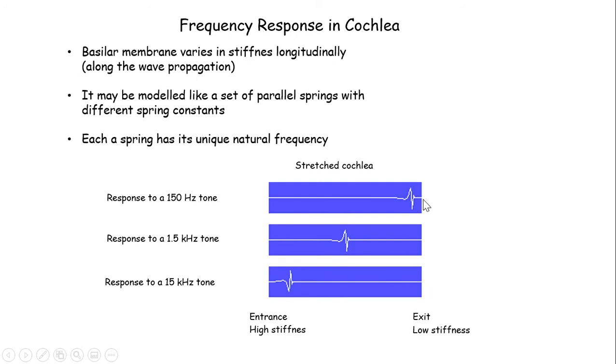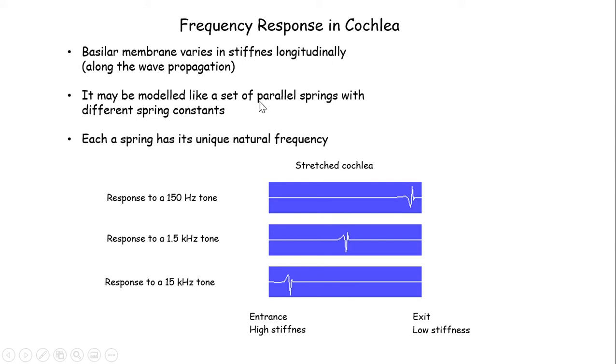Signals are sent to the brain with this information. The brain interprets this as different frequencies, different tones of the sound. So within this interpretation, this model, we made a physical model of the cochlea.